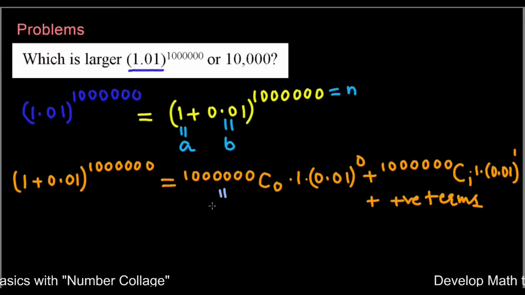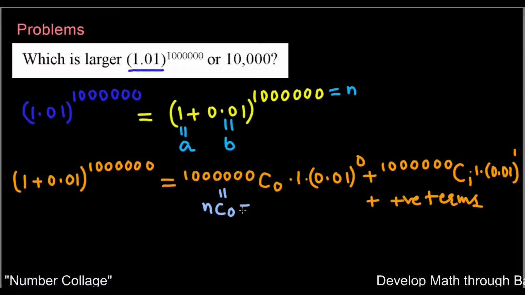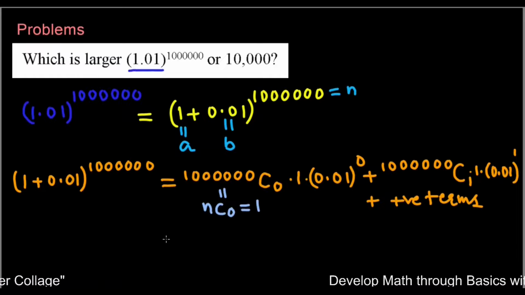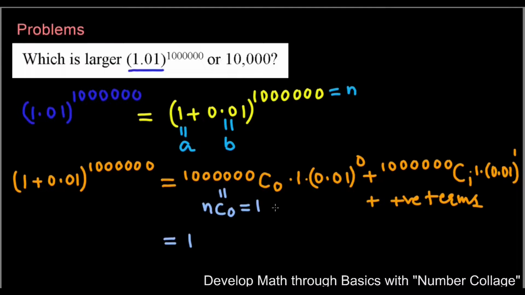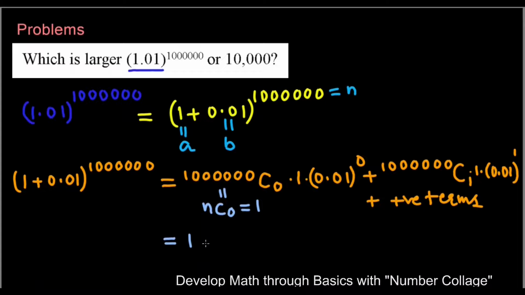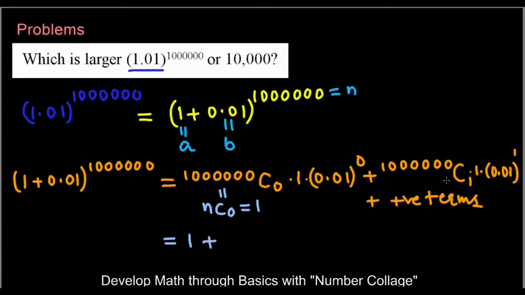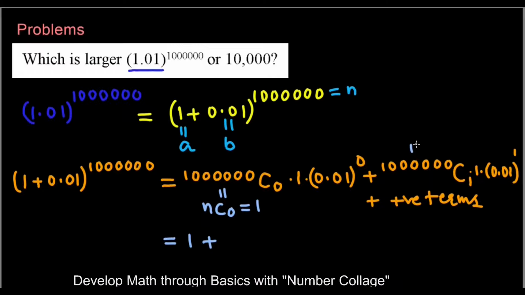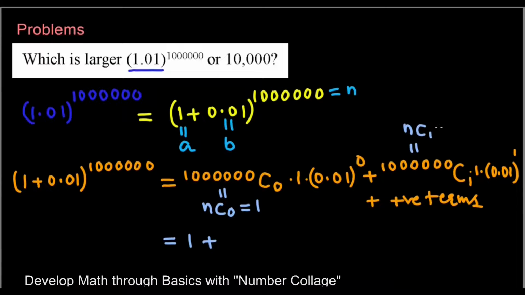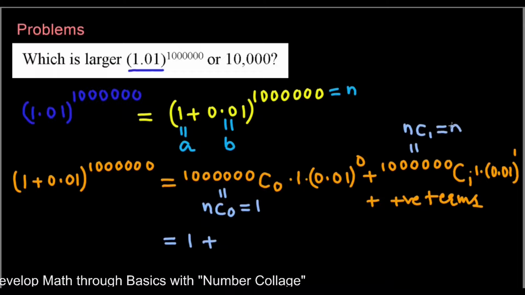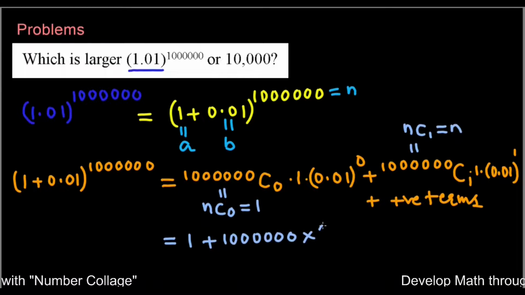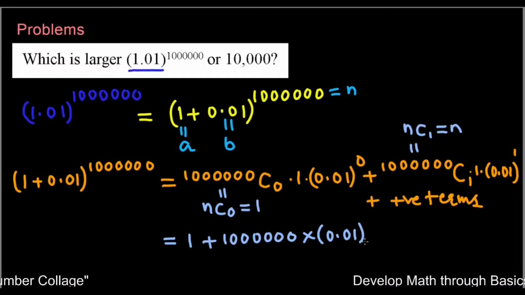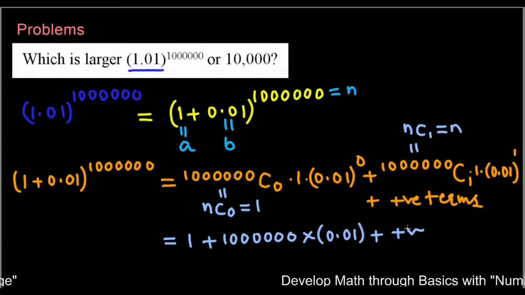This is similar to nC0, which we know is 1. So this will be 1 into 1. This 0.01 raised to 0 will be 1. So this will be 1 into 1 into 1, that is 1, plus 1 million C1 is similar to nC1, which we know is n. So this will be 1 million multiplied by this 0.01, plus the remaining positive terms.